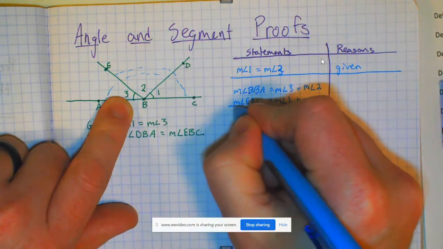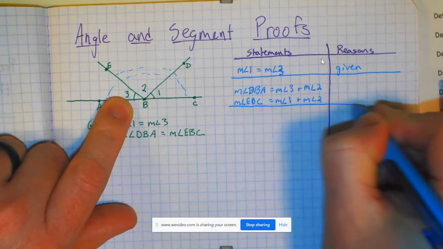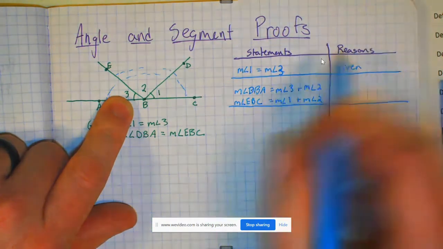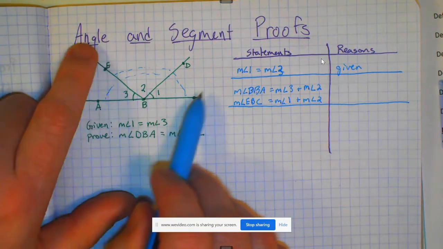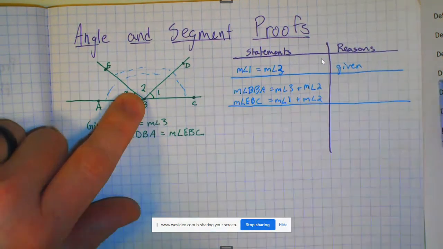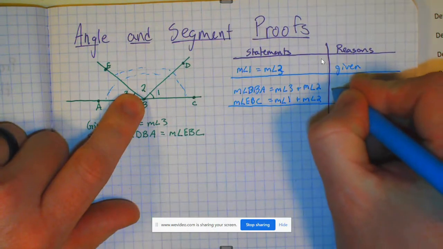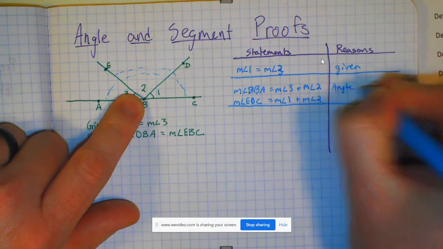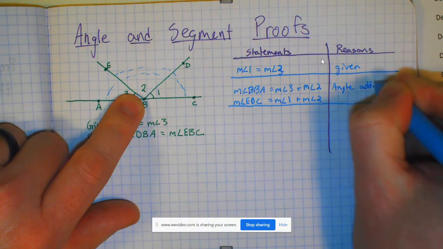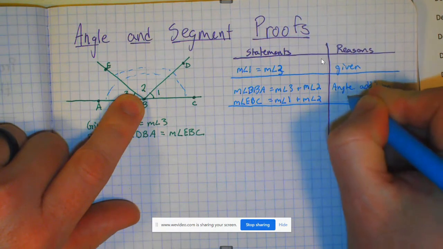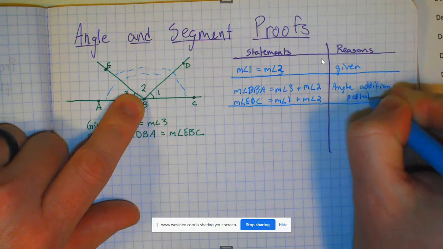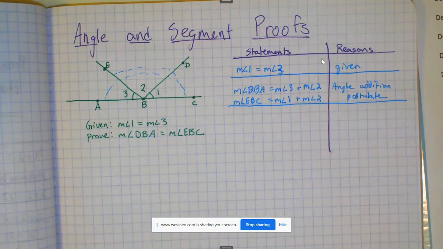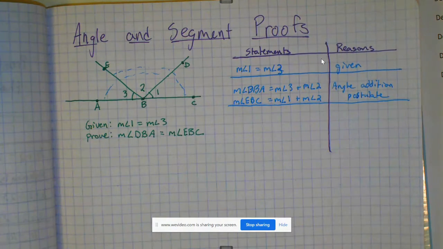And I write those in the same spot because they have the same reason. We're taking two smaller angles, adding them to get a larger one. This is the angle addition postulate.